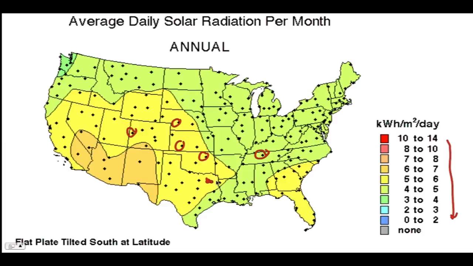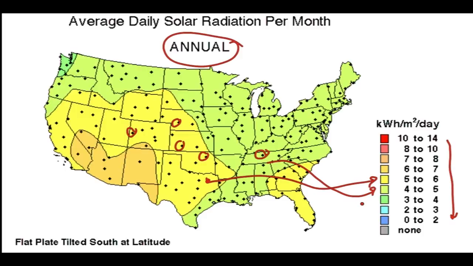In other words, this yellow means that on an annual basis, this one is done on an annual basis, it creates 5 to 6 kilowatt hours per square meter per day. And in this area, it's the light green, so it's 4 to 5 kilowatt hours per square meter per day. But that's obviously not every day. Winter's going to be different than summer, and cloudy days will be less than sunshiny days.